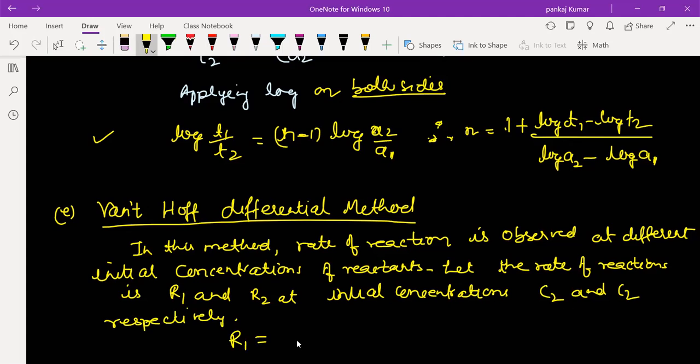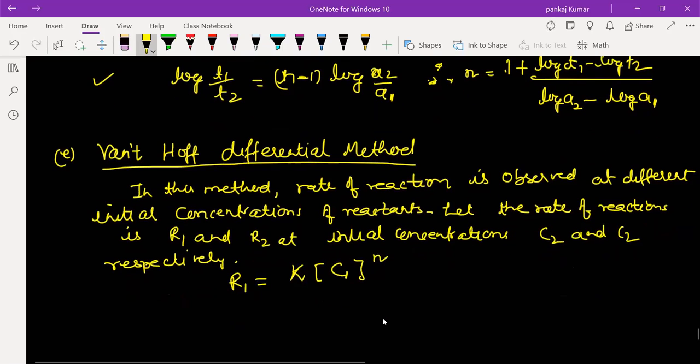So R1 is equal to K, where K is constant, times C1 to the power n, because it is nth order. Similarly, R2 is equal to K, constant, times C2 raised to the power n.